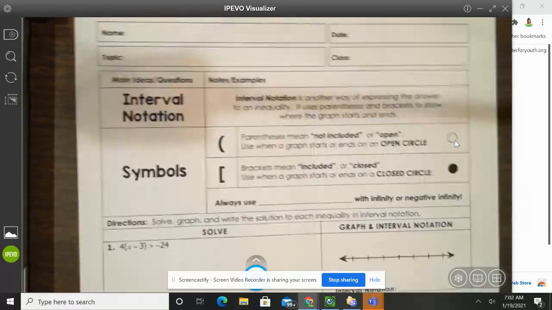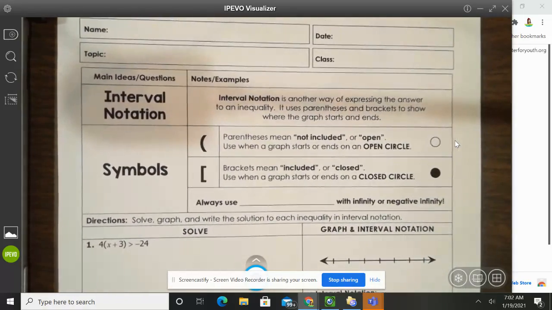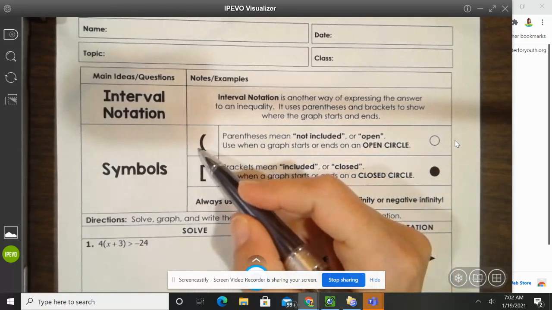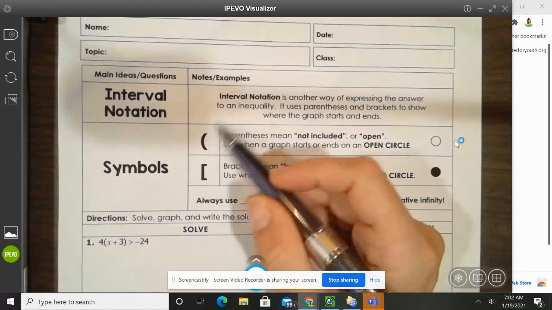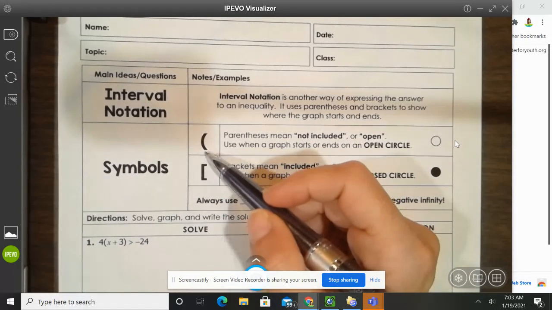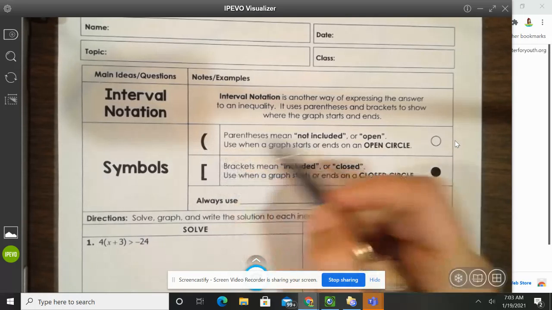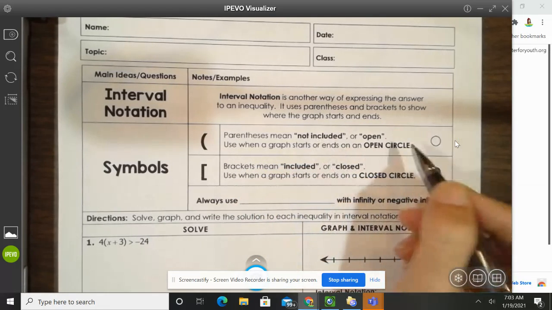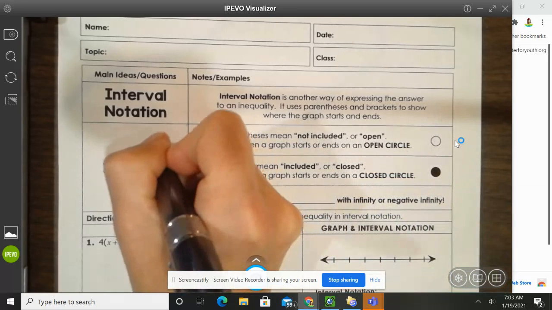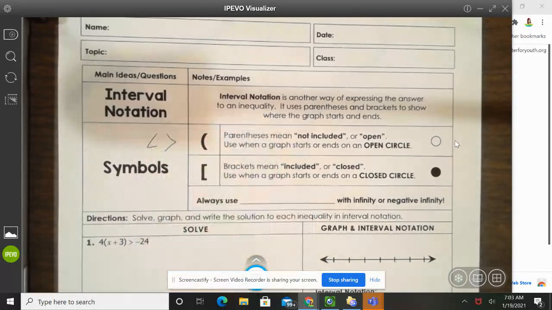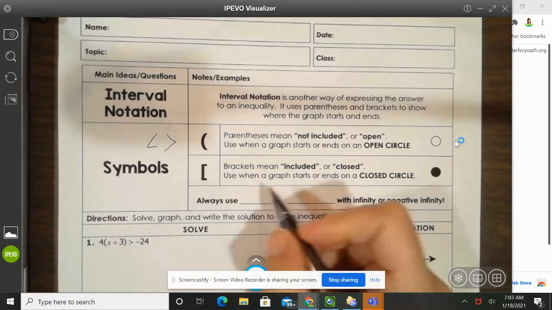So let's continue. Parentheses mean not included. When you use parentheses to notate your interval, it means that number is not included, which is what you use with greater than or less than symbols.